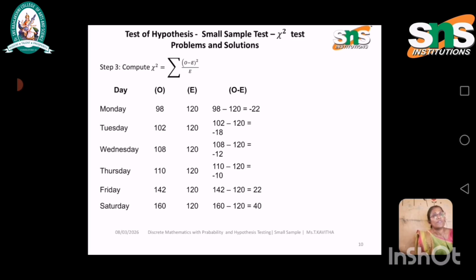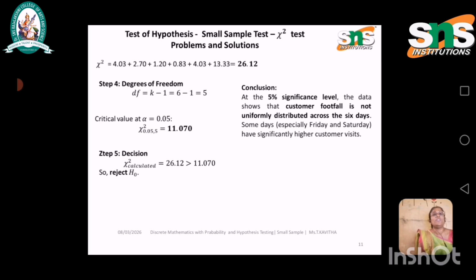Now we divide by the expected frequency: 484 divided by 120 is 4.03, and so on. Adding these values, chi-square is 4.03, 2.70, 1.20, 0.83, 4.03, 13.33.